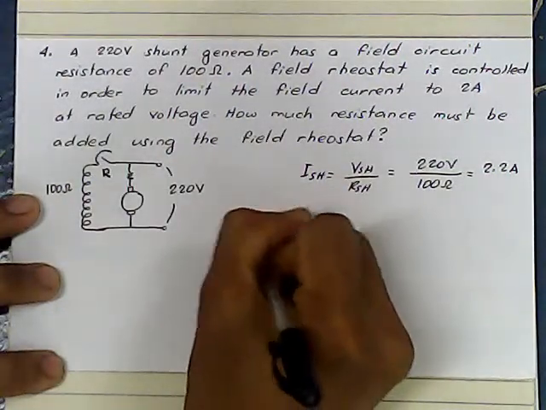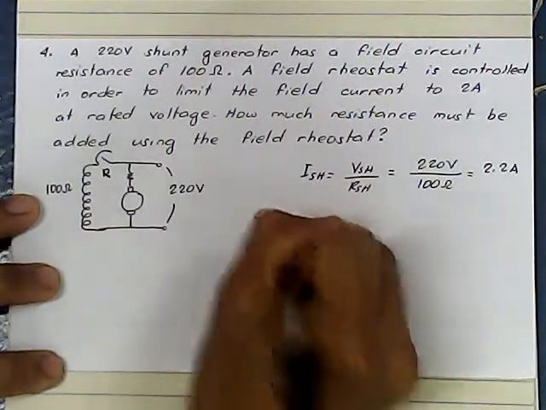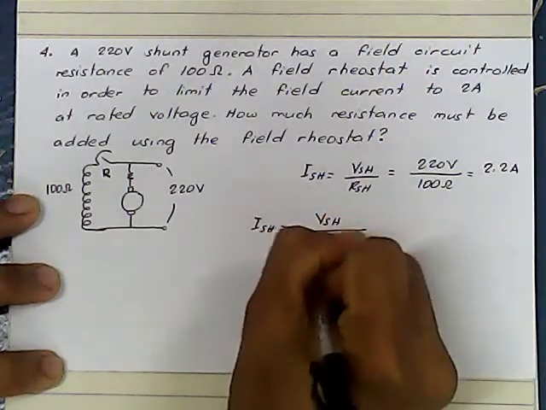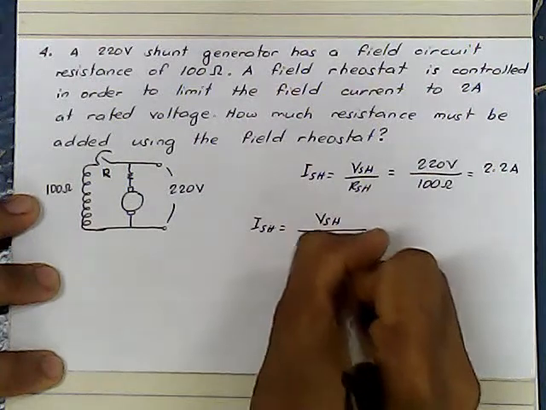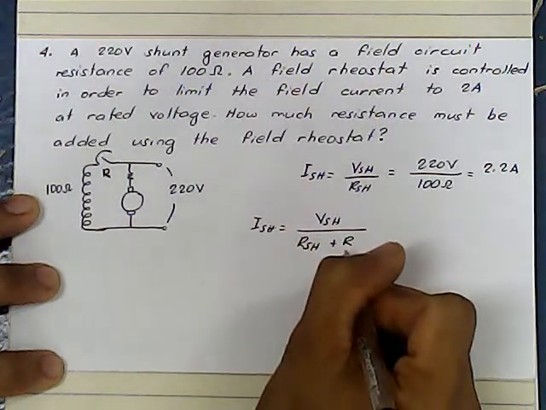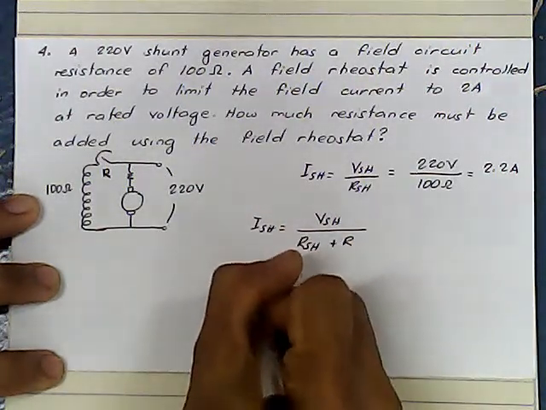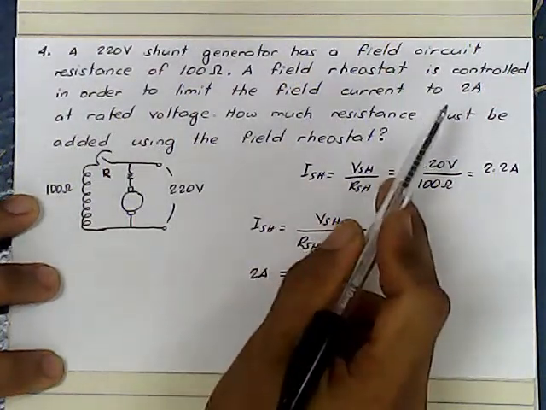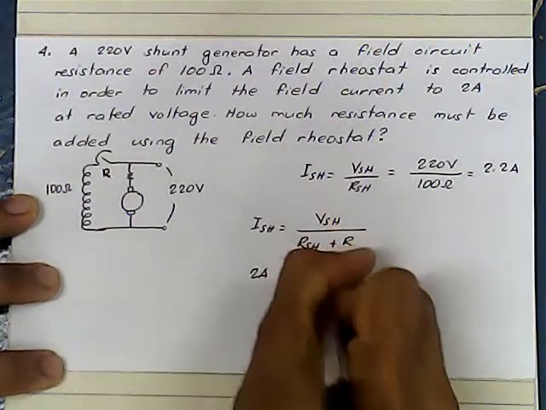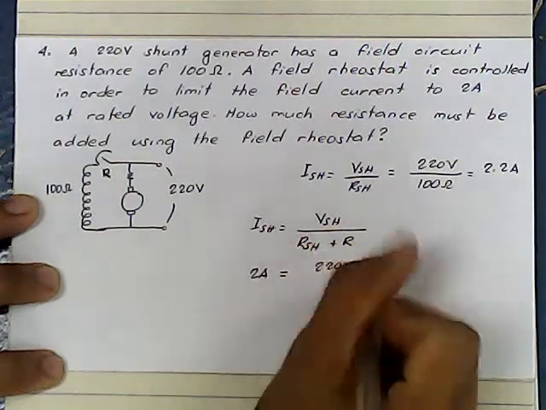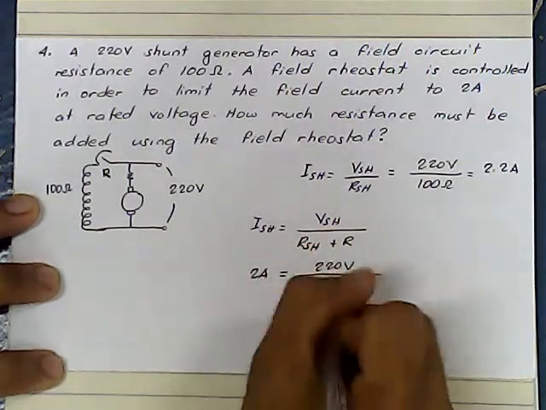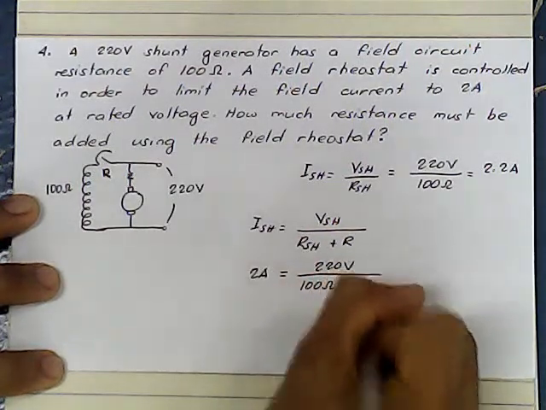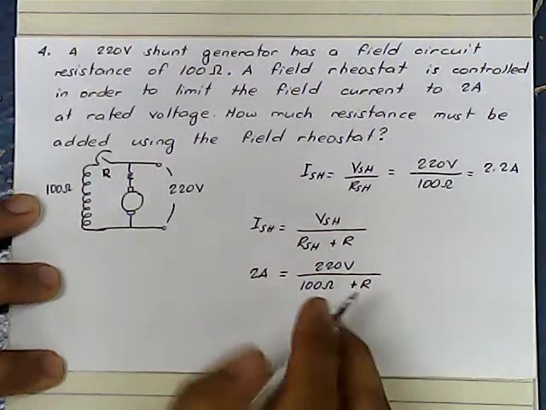Ngayon, i-establish ulit natin yung ISH is equal to VSH all over RSH plus R. Hinahanap ulit natin yung ating R. So, ISH dapat natin is should be 2 amperes is equal to 220 volts. Divide that by 100 ohm yung RSH plus the resistance ito.